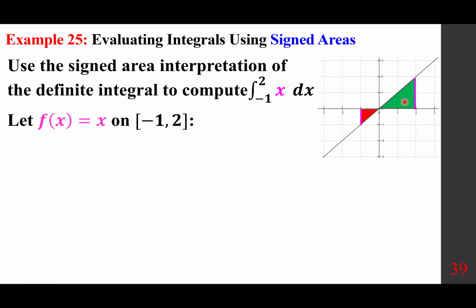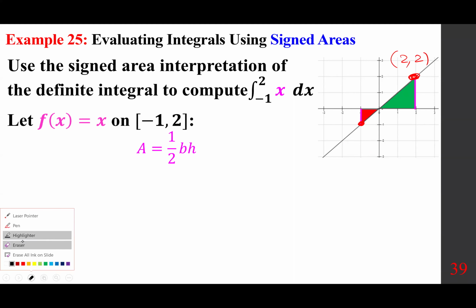You're going to use area equals 1/2 base times the height, because of the geometric shape that you are familiar with. This point has coordinates 2, 2. This one has coordinates -1, -1.